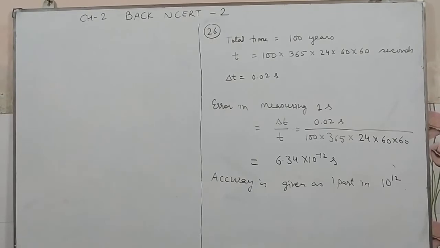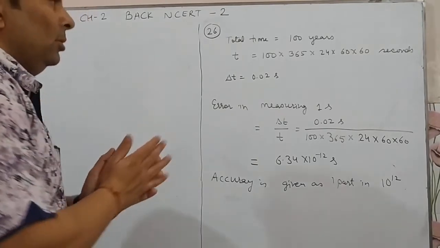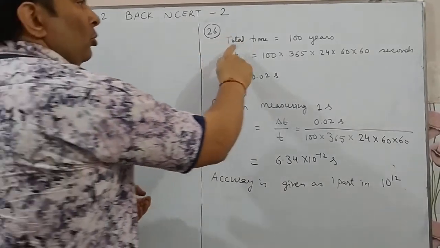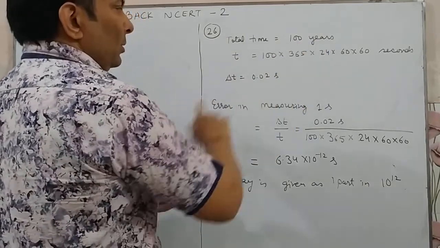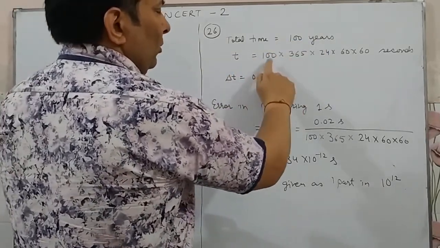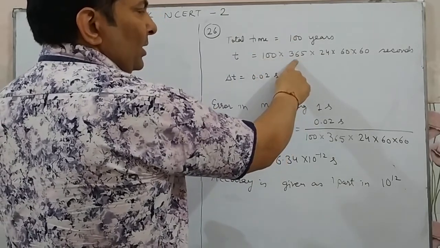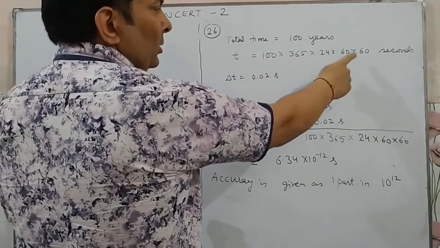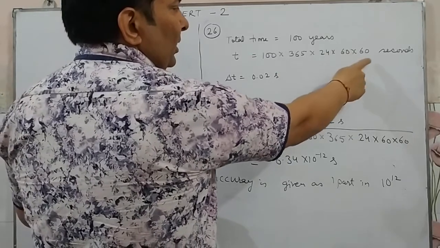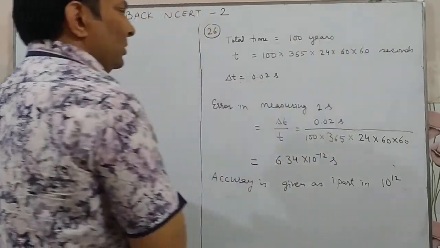Now question number 26 is about two clocks. It was allowed to run for 100 years. The total time was 100 years. Convert this into seconds. T equals 100 × 365 × 24 × 60 × 60, because in 100 years, 1 year has 365 days, 24 hours, 60 minutes, 60 seconds. Total becomes in seconds. Okay.